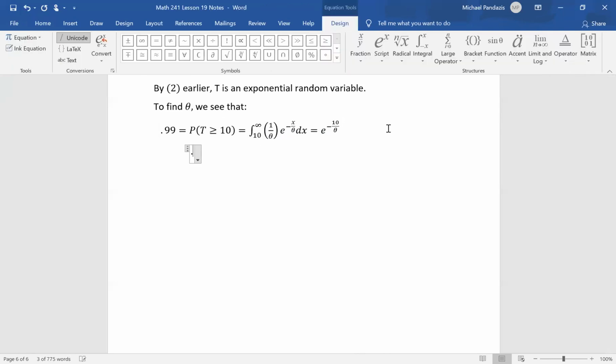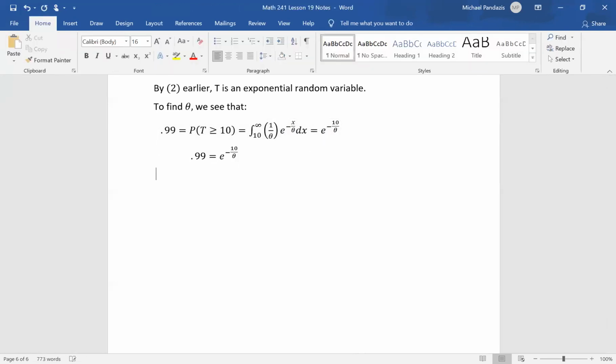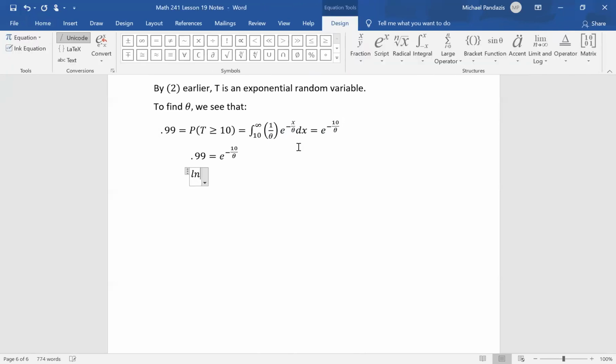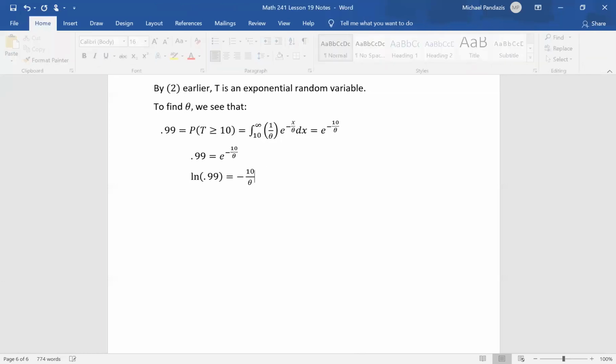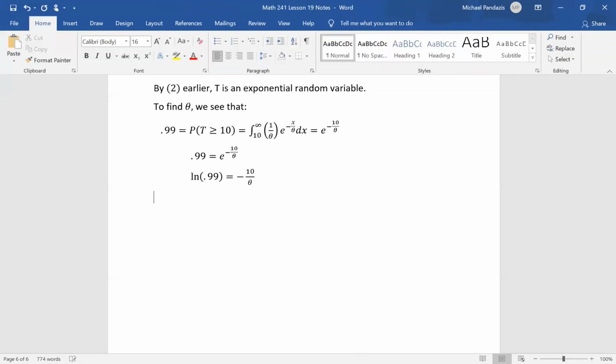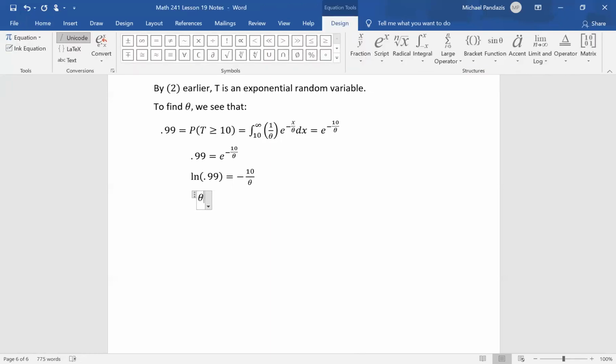And so what that tells you is that 0.99 is equal to that expression. Okay, and so since they're equal, take ln of both sides. ln of 0.99 is equal to ln of the right side, which is negative 10 over theta. Okay, and then you solve for theta. And so theta is equal to negative 10 over ln of 0.99.